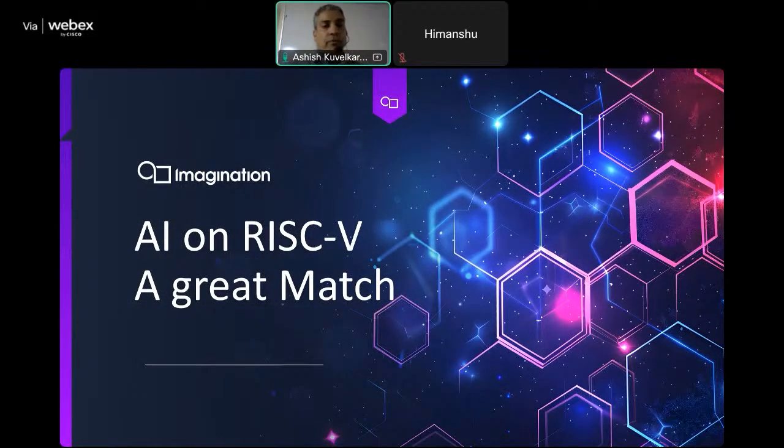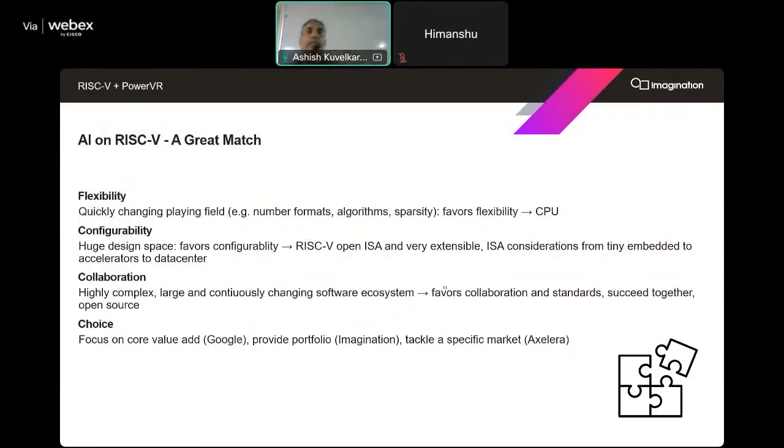In terms of AI and RISC-V, we believe it's a great match. So what's really happening in the AI space? We've called out flexibility.